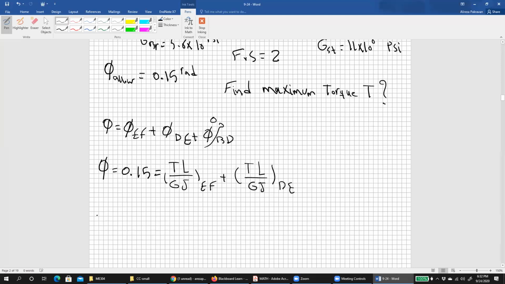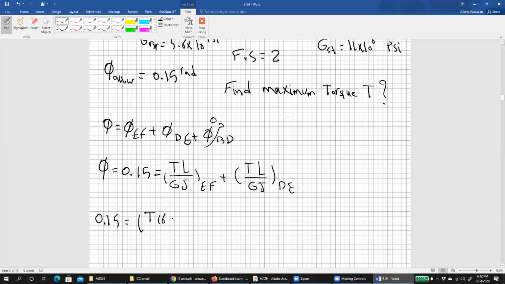Help me with the substitution. We want to find T. What is L of EF? 6 times 12, 6 feet.